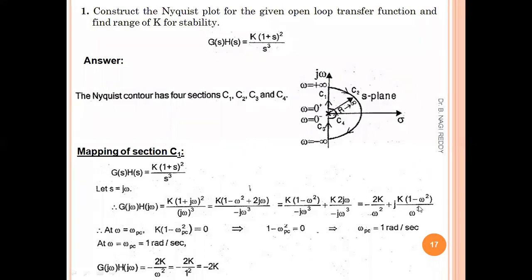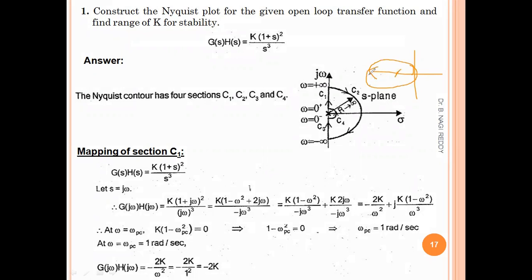With the help of the imaginary term, we should calculate omega at the phase crossover point. The phase crossover point means the negative half of the real axis. In order to determine the stability, we always depend upon this negative half. That's why we need to calculate omega at the phase crossover.